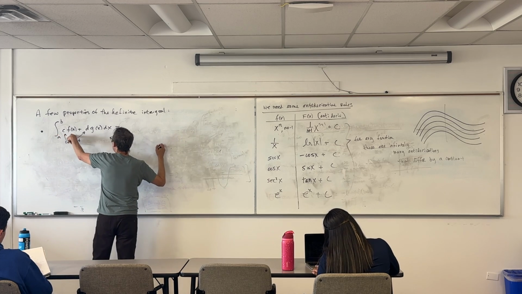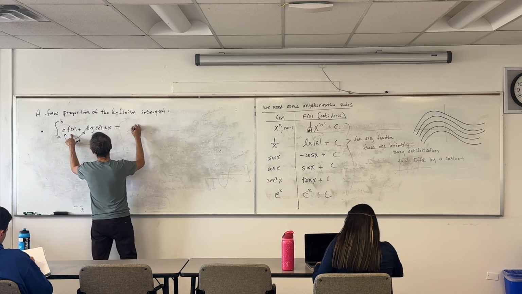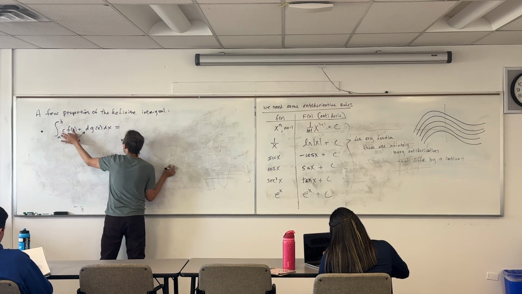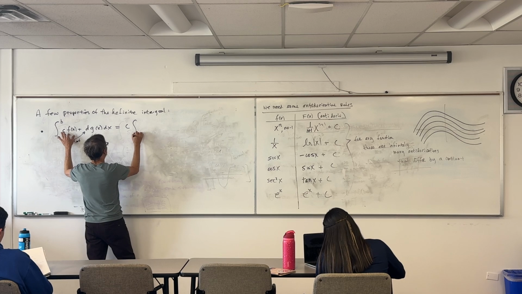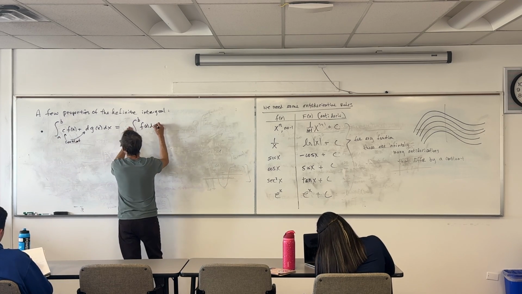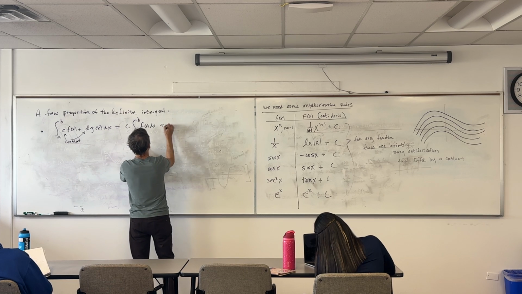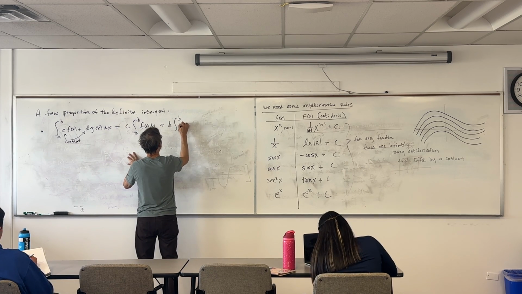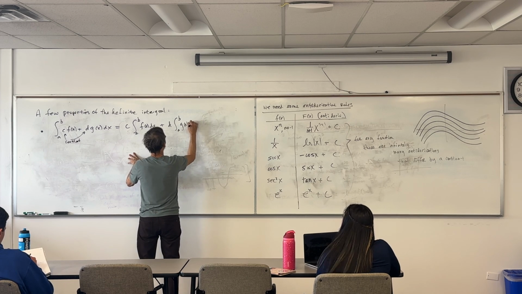To do this, I break it apart just like I did with derivatives. You're going to take the definite integral of this piece and combine them like this. Yes, that's right. You can pull the constants out in front and break apart the integral in this way.